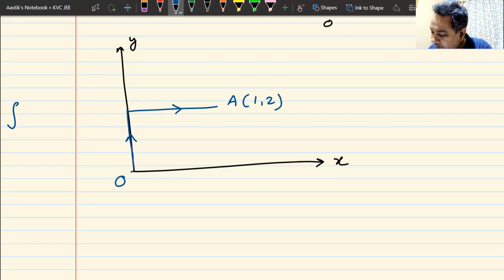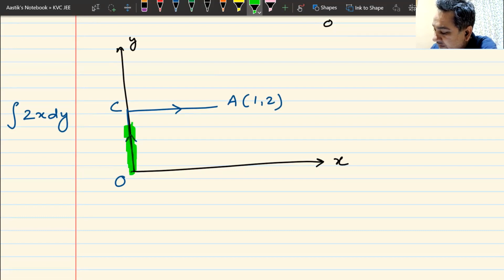What I need to calculate is the integral of 2x dy. Am I correct? Yes, sir. Let me call this point C. Let us first look at the integral when I'm going from O to C. From O to C, what is happening? X is becoming 0, sir. Okay.